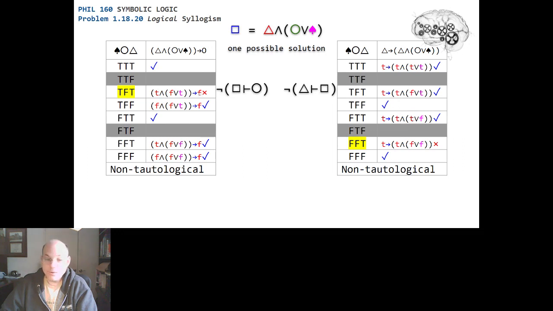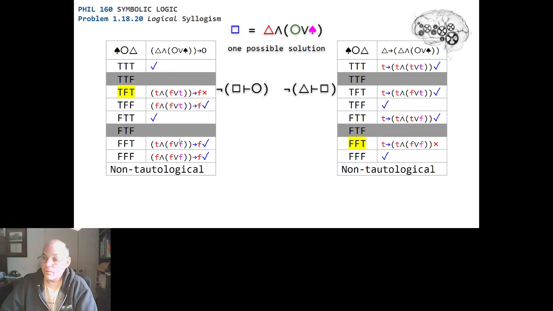So we have a false statement. And so that means now that we got at least one row in this table which is false, demonstrating that it's not a tautology.